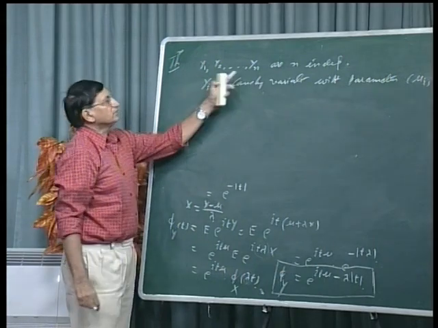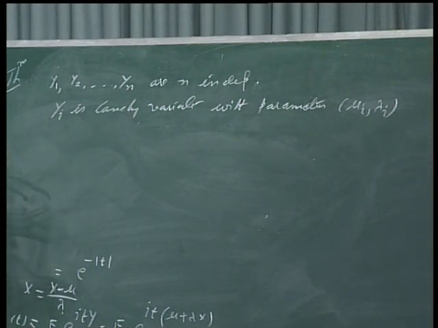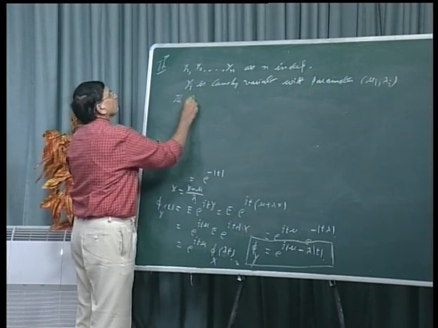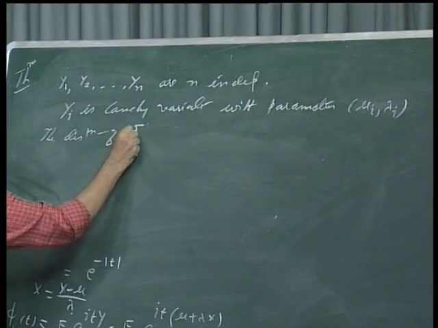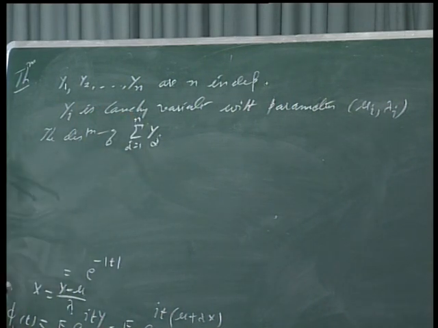So all yi's are independent and they all are Cauchy with different parameters mu i's and lambda i's, i running from 1 to n, and we just want to obtain the distribution of sigma yj, j running from 1 to n.